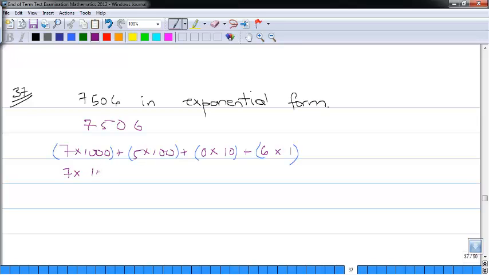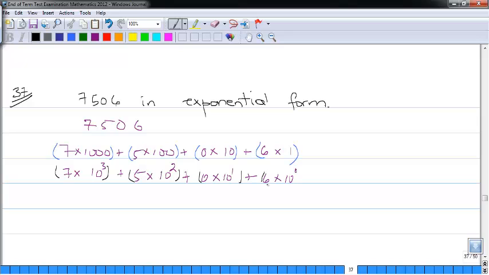It would be 10 to the third, or 10 cubed, plus 5 times what's 100? 10 squared, plus 0 times 10 to the first, plus 6 times 10 to the 0 power. So our answer, what we're looking for is this.